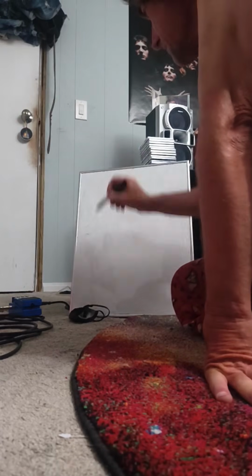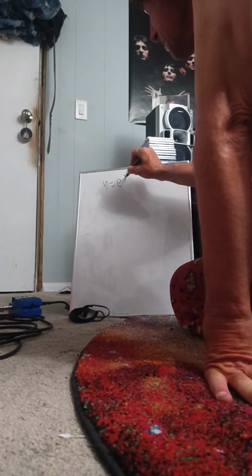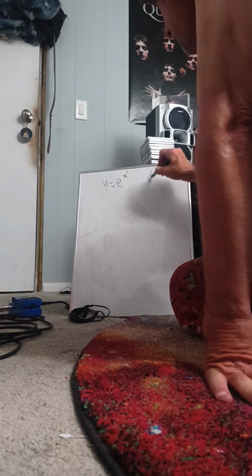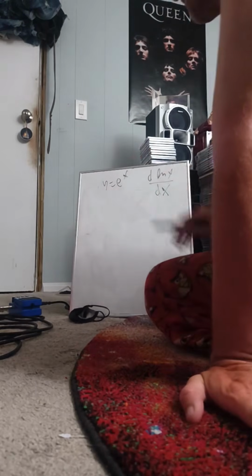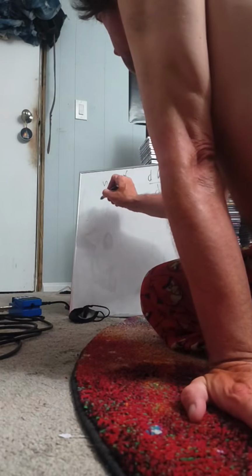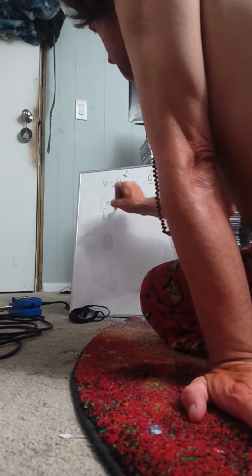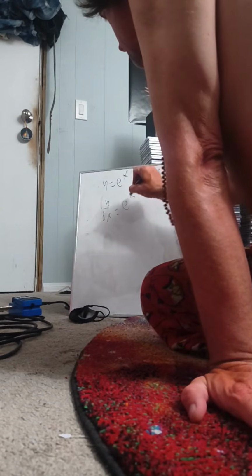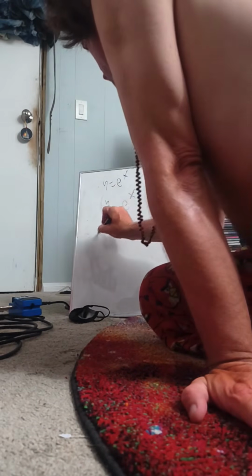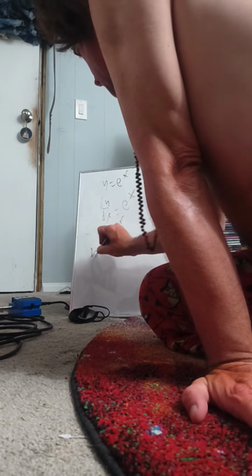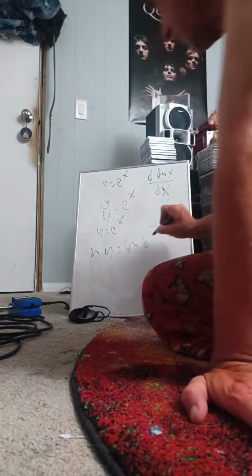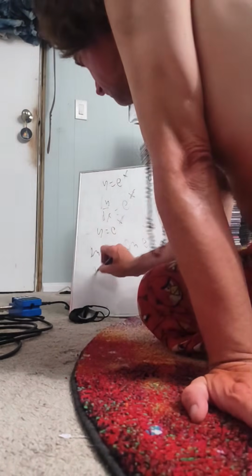Now, let's do this. y equals e to the x. I want to find the derivative, d of the logarithm of x dx. Let's see if I can do that. Well, if y equals e to the x, then dy dx equals e to the x, like I've already shown. Then if y equals e to the x, I have logarithm y equals logarithm e to the x. But logarithm and e cancel each other out, so logarithm y equals x.